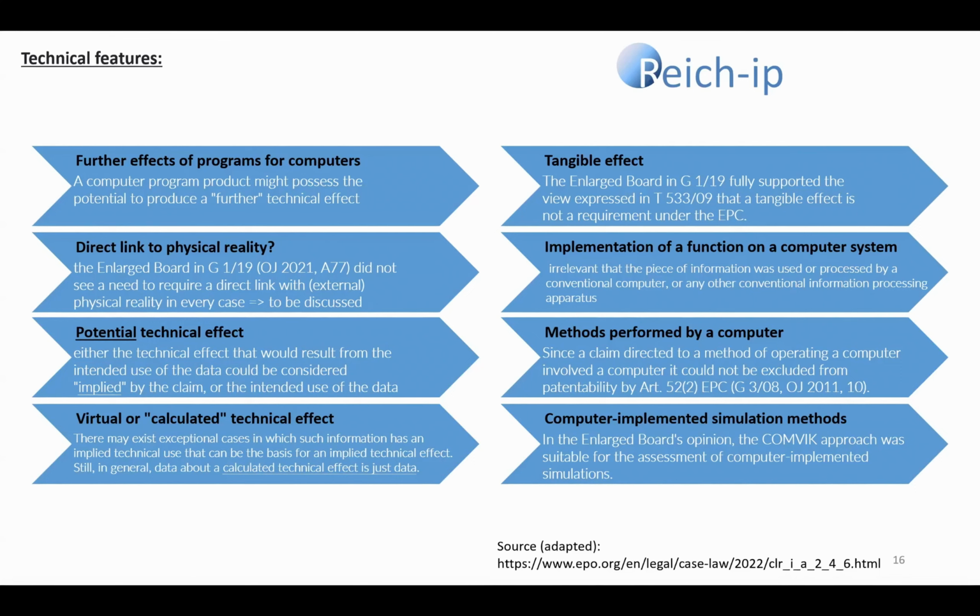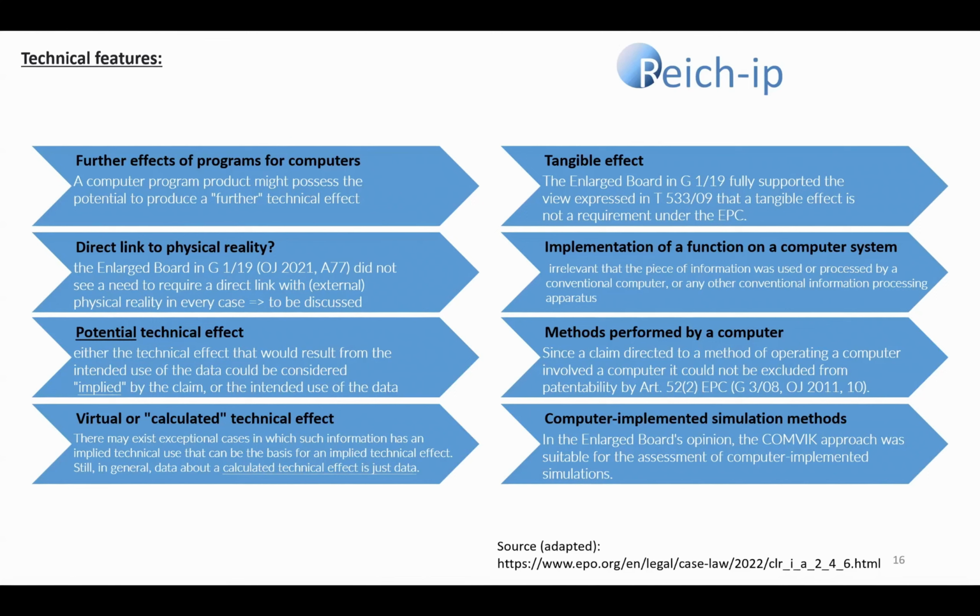This might be enough. So the technical effect may also be a virtual or calculated technical effect. So if the technical effect merely results in the reduction of data load or something, this might also be enough. This also, of course, depends on the underlying very specific case.